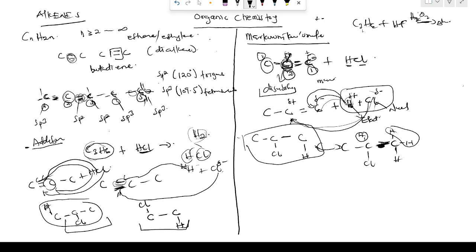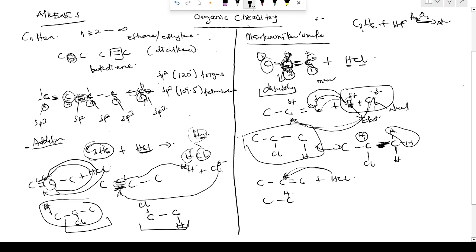Even though we apply the Markovnikov rule, you realize that you can form two different products for every addition reaction you do. The simple case we used with propene, C double bond C plus HCl: we can have our hydrogen being attached to this carbon, even though this carbon has the least hydrogen.